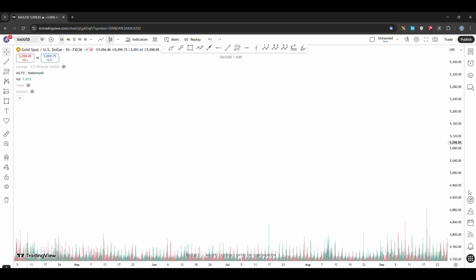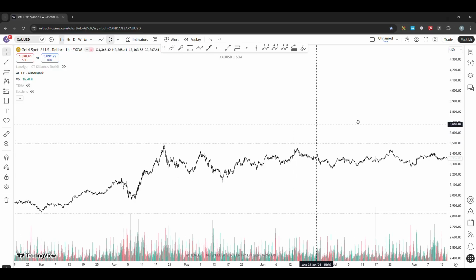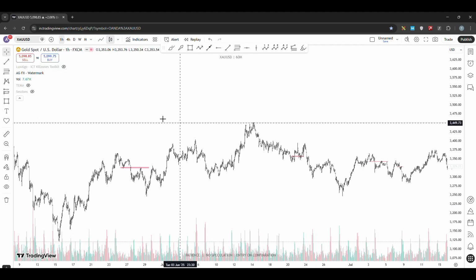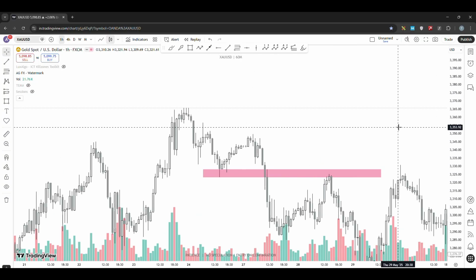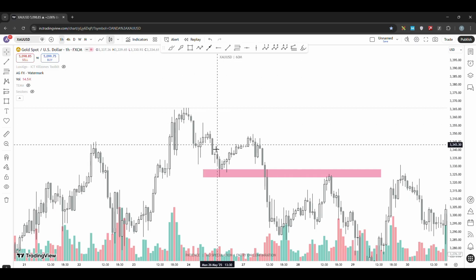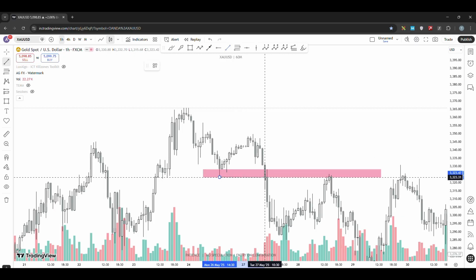Now let me show you some examples. I've already marked some mitigation blocks on the chart. I'll also tell you which mitigation block is very strong, very powerful, and which one is weak. But before that, just try to understand what a mitigation block is. Here the market was pushing down and gave a new breakout structure, right?